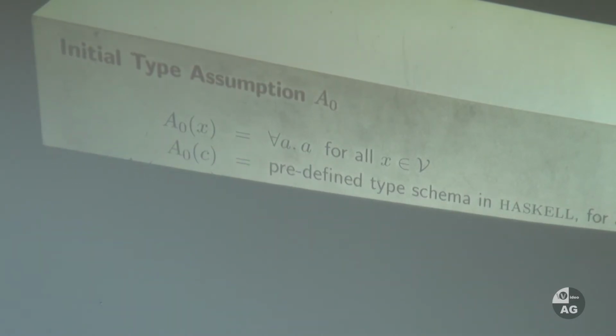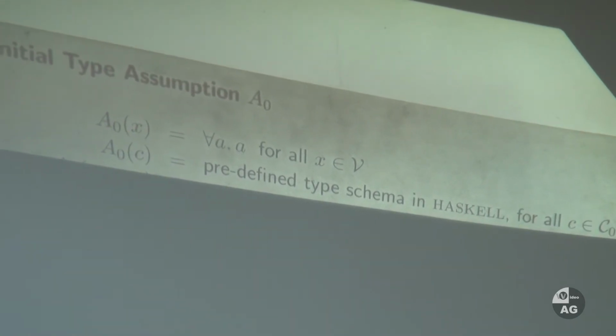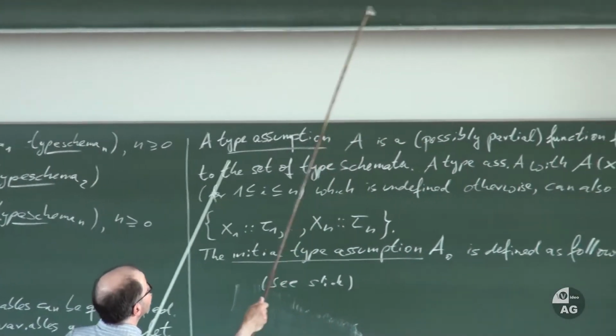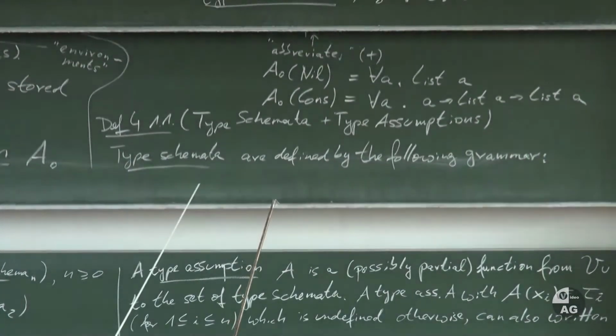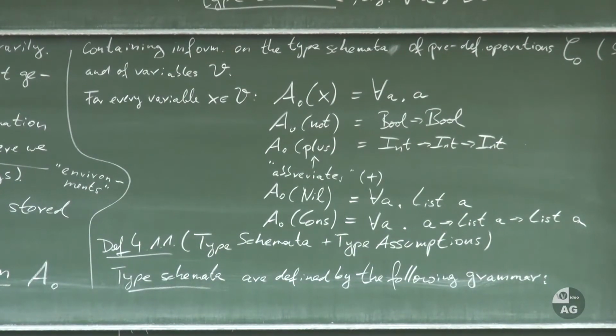Now, if we have a predefined operation, so something from C0, and C0 contains all the predefined functions like not or square root or plus or whatever, all the things that are predefined in Haskell, well, also the corresponding type schema has to be predefined. So this has to be stored in this initial type assumption. So for example, as we saw up here, the initial type assumption says that not has the type bool to bool, or plus has the type int to int to int, and so on.